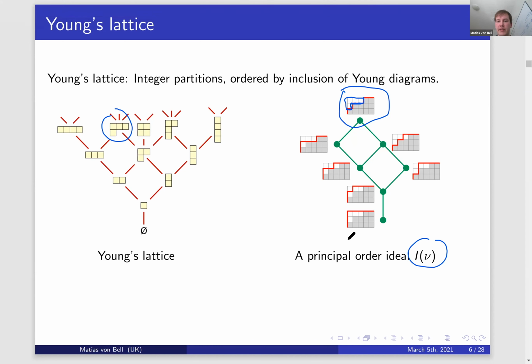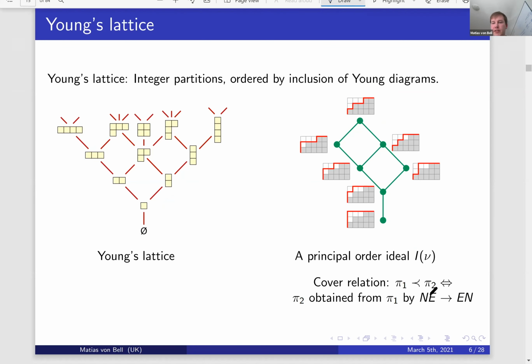And so a principal order ideal is then all of the integer partitions that are below the one that generates it. So it's principal because it's generated by a single integer partition. Everything in the downset of this partition is included, and that forms a lattice structure within Young's lattice.